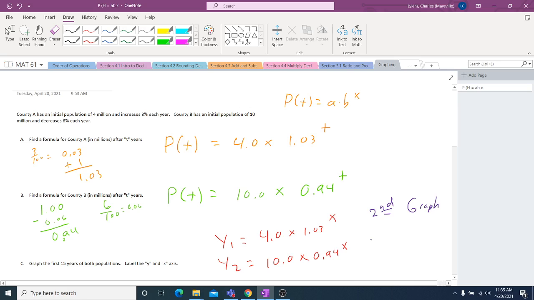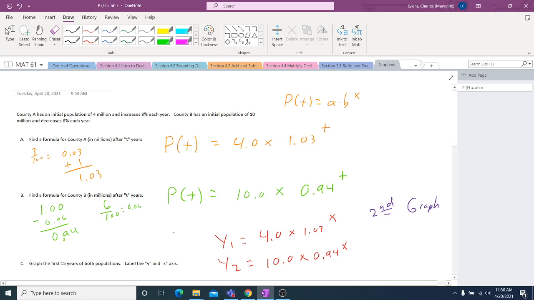And what you come up with is a table. You'll see your x values. Your y1 is our 4.0 equation, and our y2 is our 10.0 equation. So if you go up and down the x values, you can see the different values x can be.